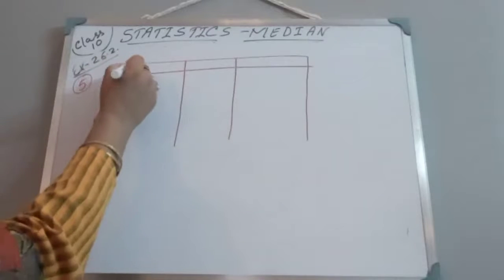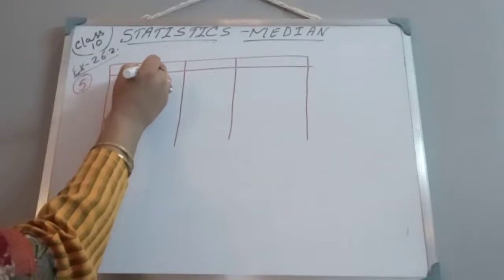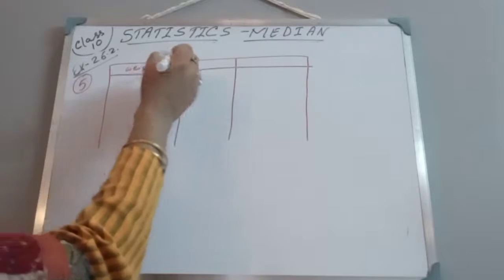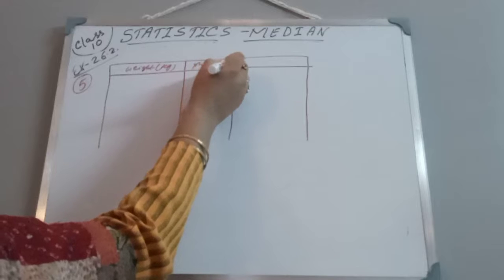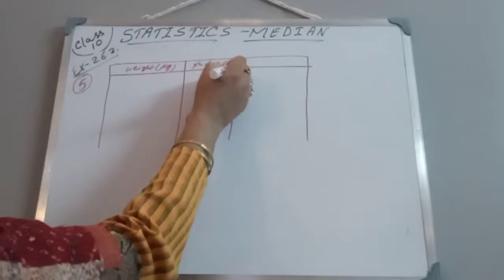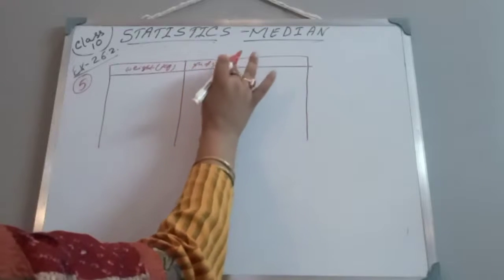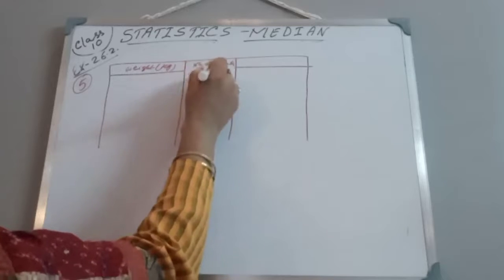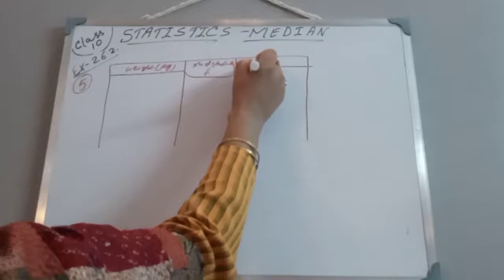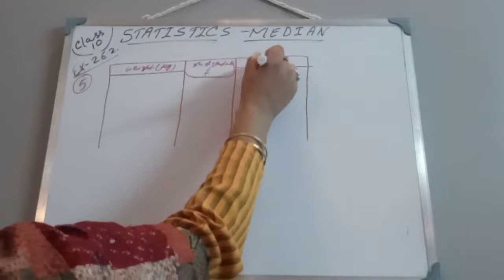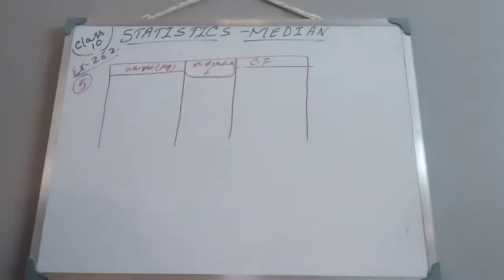See, this is weight. Weight is given in kg. Number of students, we can write this as F. This is cumulative frequency, so we can write CF.